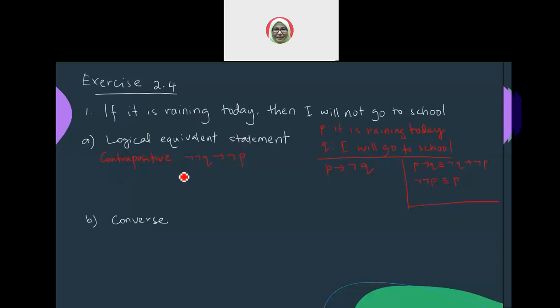So this one is equivalent to Q implies not P.